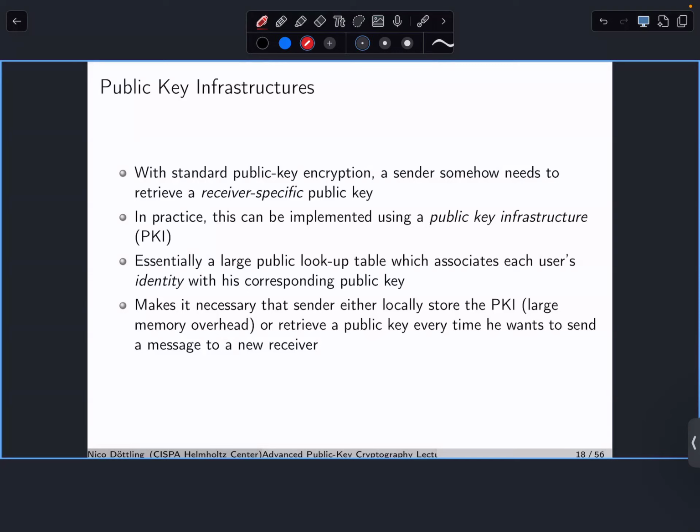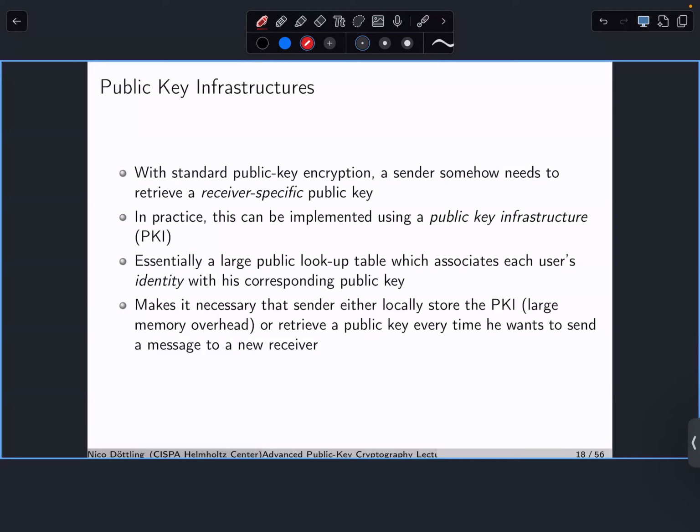So public key encryption is great, but the drawback is you need to know the public key of every potential receiver, unless you're willing to invest additional interaction with someone. Is this clear? Great.